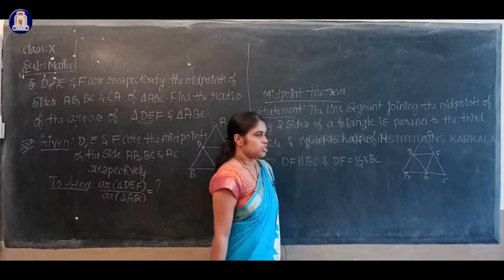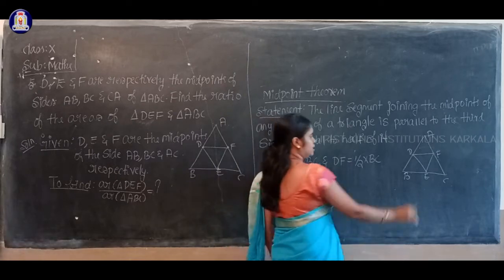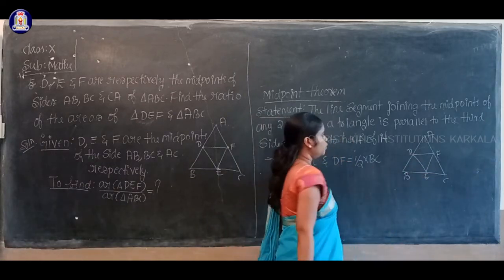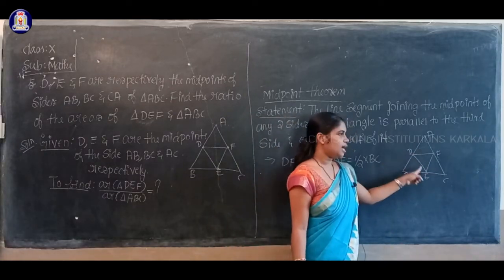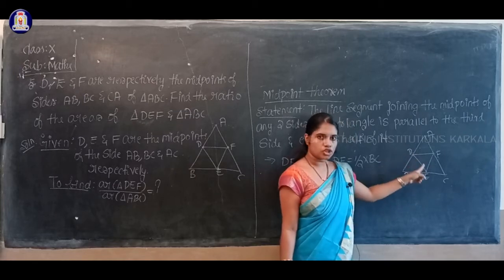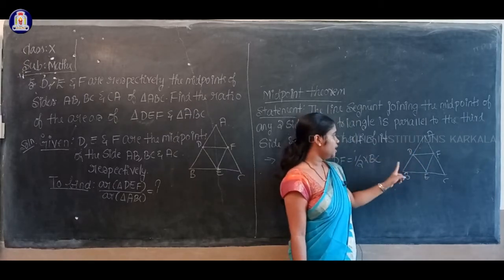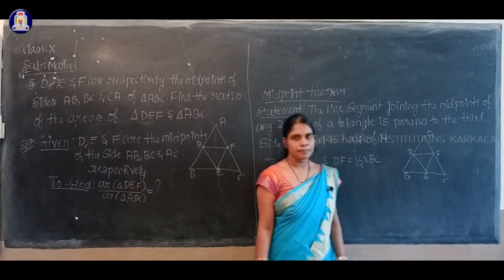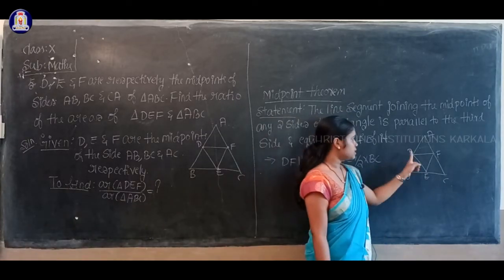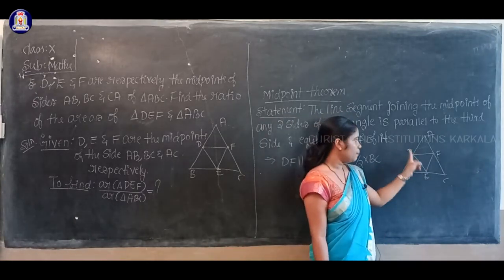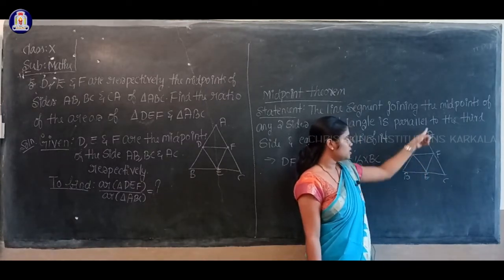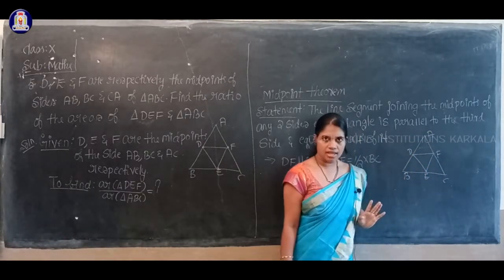Another segment I will consider is DE. Can you observe here, the line segment DE joins the midpoints of the side AB and the side BC. So this line segment DE will be parallel to the other side, that is AC.